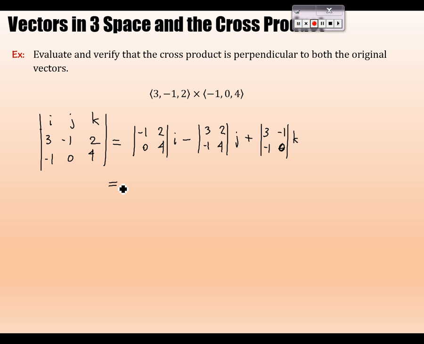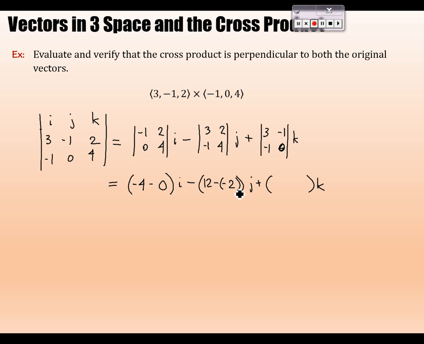Okay. And now I'm taking the determinant of these, which I just taught you today, many of you for the first time ever. You're taking this product here, -4, minus 0 times 2 is 0. And in here, what am I doing here? 12 minus -2.